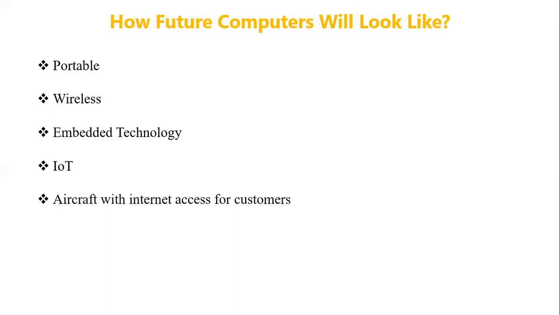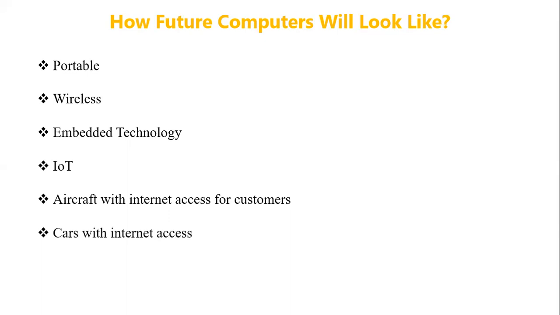And in future, the aircraft may provide internet access to its customers. Today's aircraft provide limited network services. You can understand the aircraft travels at a speed of 700 to 900 kilometers per hour. So if internet is to be provided at that speed, then we need a network which is working at that particular speed.